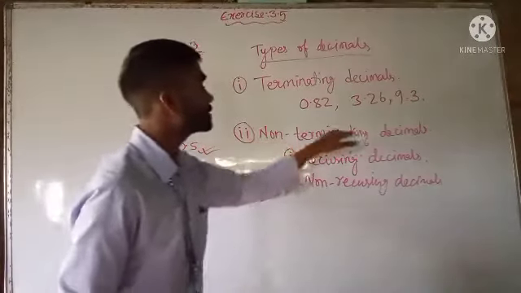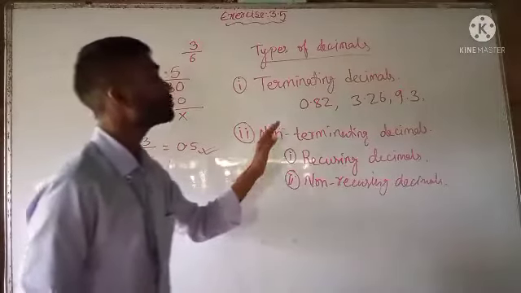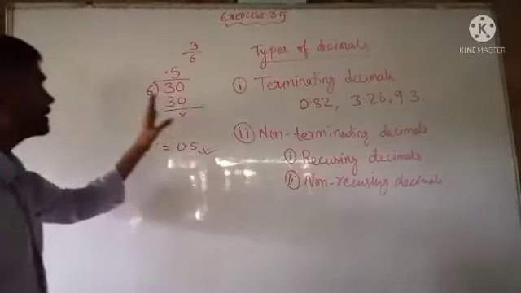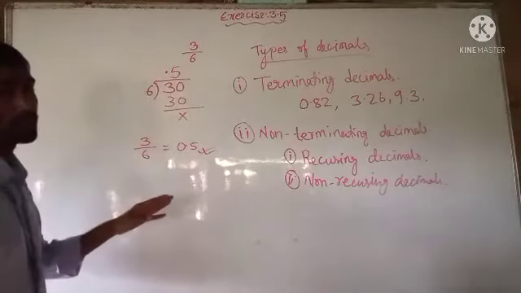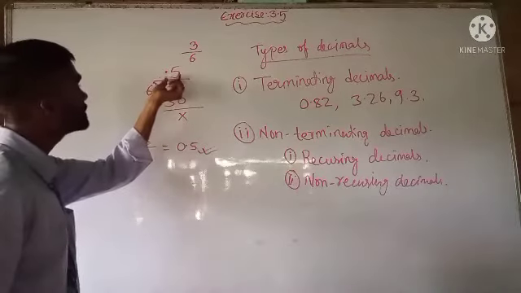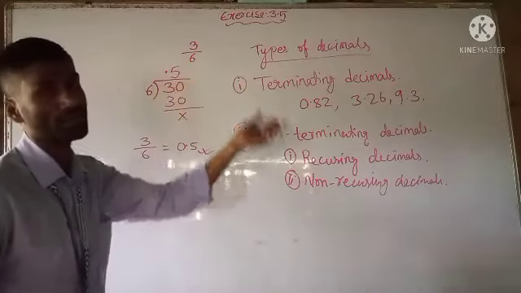First let us know about non-terminating decimals. That means after dividing the given rational number, we will see that the division goes on continuously.